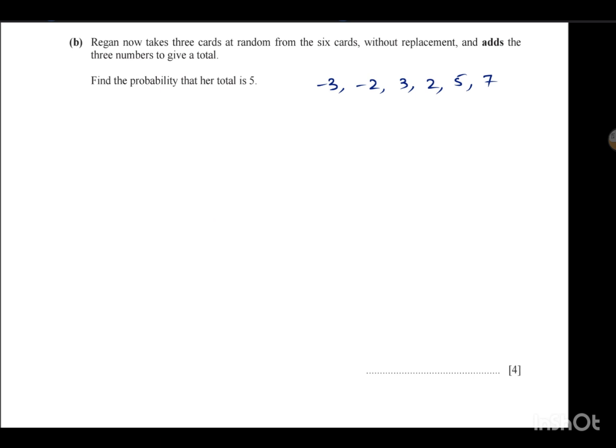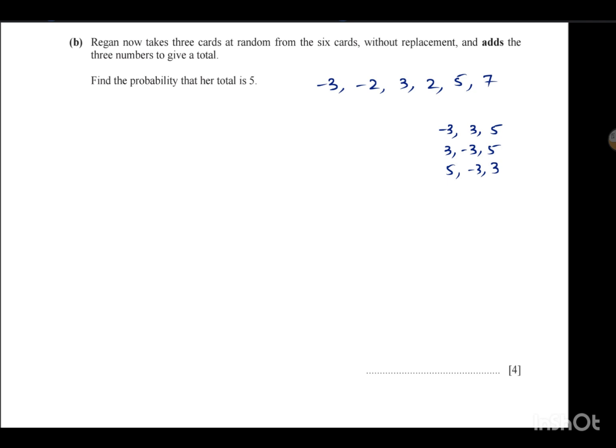Let us check. Minus 3 plus 3 and 5 gives plus 5. Then minus 2 plus 2 and 5 gives plus 5. So let us also find out how the cards can be arranged, first card, second card and third card. Minus 3 first, then 3 second, then 5. Then it can be 3, minus 3, 5, or 5, minus 3, 3.